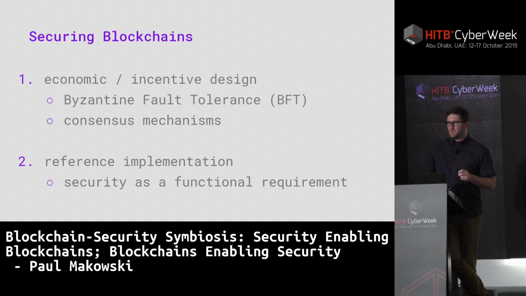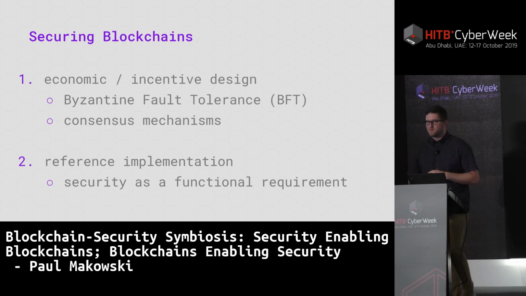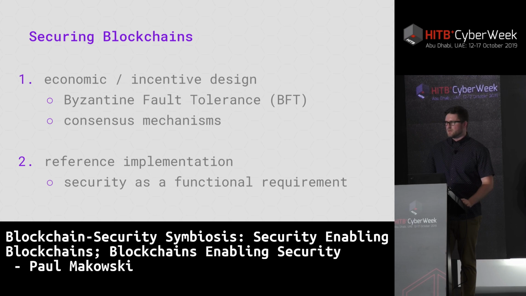In a distributed environment like a blockchain that has arbitrary Turing-complete execution on top of it via smart contracts, you really need to take into account that any particular node can turn malicious or go offline or collude with other nodes at any given time. You need to build in, obviously, consensus mechanisms that incentivize the same sort of behavior that you actually want to get out of the blockchain.